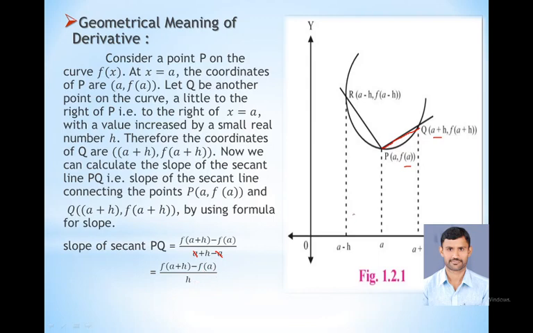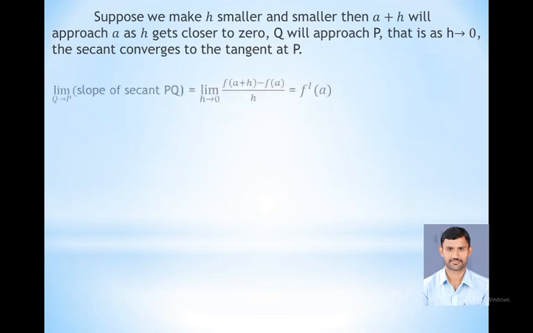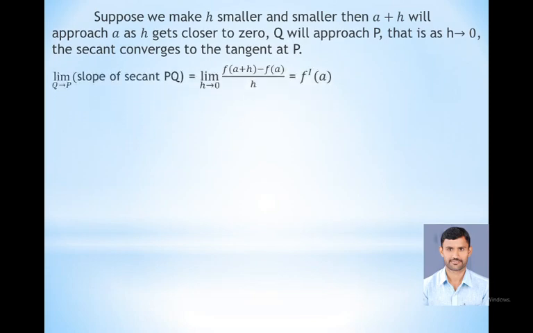Now when point Q approaches P, then h becomes smaller and smaller, and this h gets closer to 0, and this position is known as limiting position. Therefore the slope of tangent at point P is limit Q tends to P, slope of secant PQ is equal to limit h tends to 0 f of a plus h minus f of a upon h, which is equal to f dash of a.